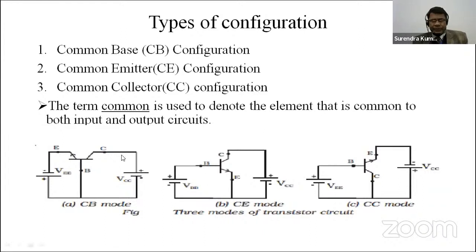In the first two configurations of transistor, the collector current is the output current. Here the emitter current is output. So this is the only change in common collector mode of configuration. And the level of emitter current is almost equal to the collector current.